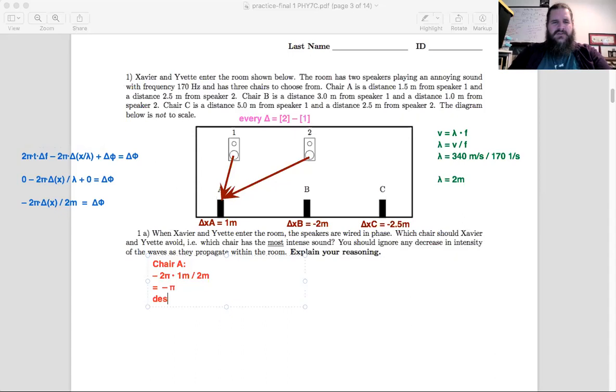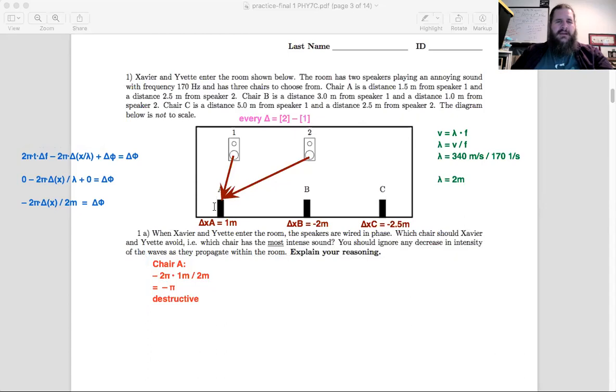Yeah, that should be destructive because 1 pi is half a cycle offset. And for the total, positive or negative doesn't matter. Negative pi or positive pi, that's half a cycle. Half a cycle offset either way means you get destructive interference.